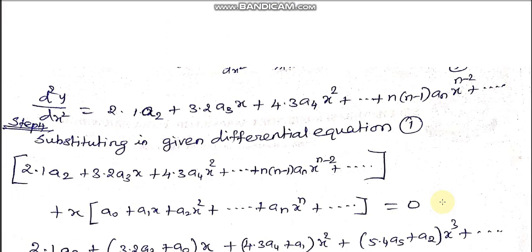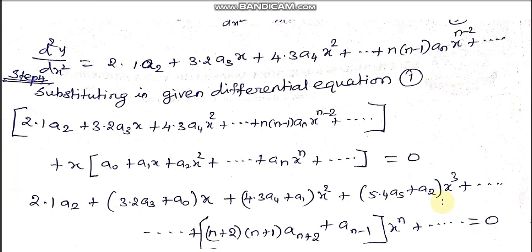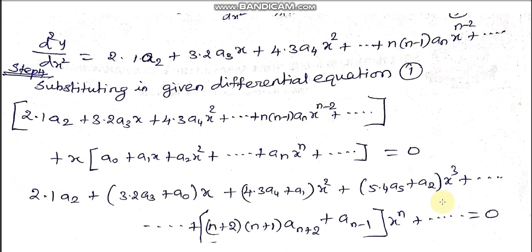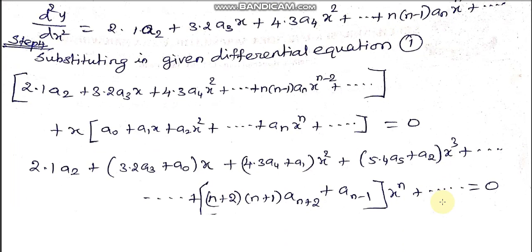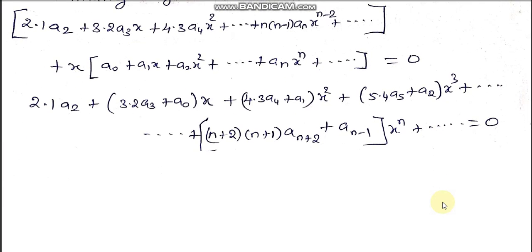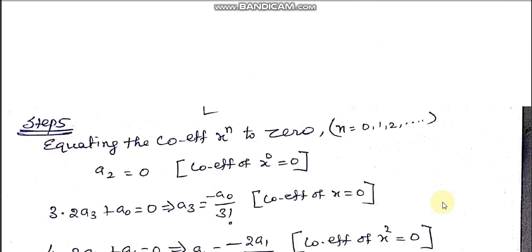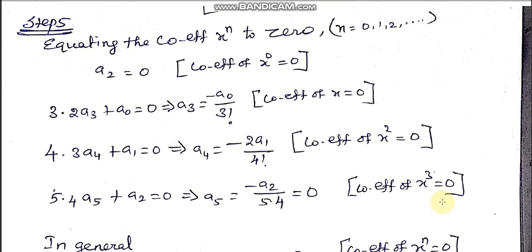Step 3, find dy by dx and d square y by dx square. Step 4, substitute y, dy by dx, d square y by dx square in given equation 1, and we find this equation. Here we need to equate the coefficients of various powers of x.